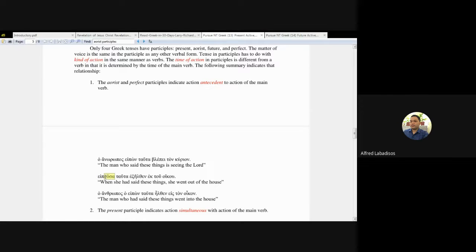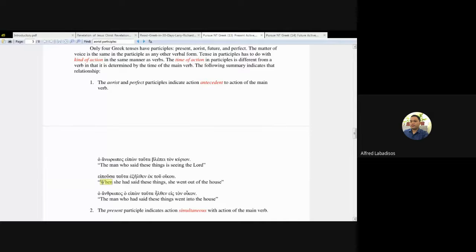If you look above, active. It's feminine. So ipusa tauta exultain ekton oikon. So we have here: when she had said these things. So ipusa is 'when'. Why do we have an adverb here? We will discuss that later, below, in the adverbial function.